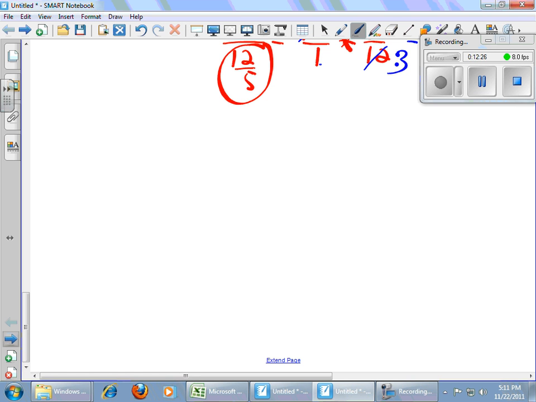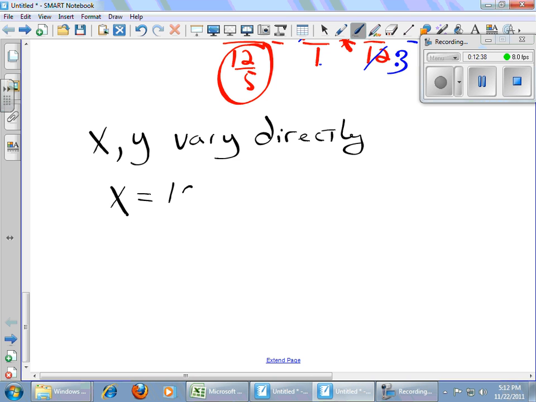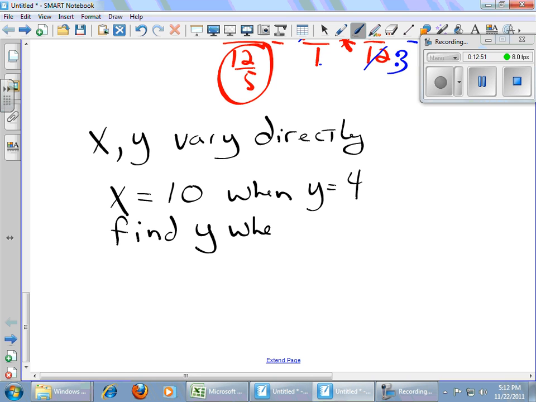All right, I'll do one more example. Let's say that x and y vary directly. Okay, x equals 10 when y equals 4. This time we'll find y when x equals 3. Okay, well, let's set it up. Again, 2 problems.